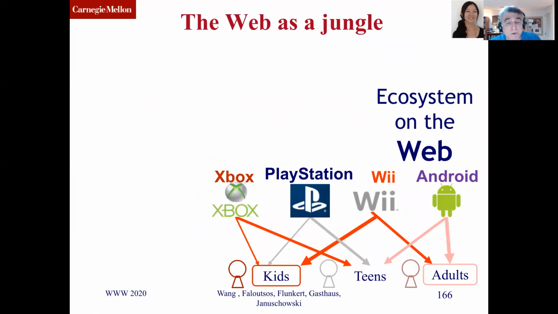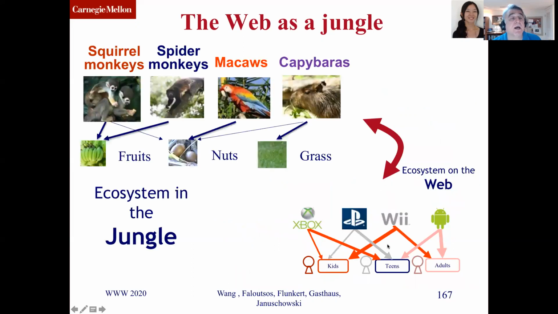So the situation that this paper conjectures is that all these consoles need resources. The resources are the available income, the disposable income from children, teens, and adults, right? And mathematically, it's exactly the same situation as species in an ecosystem fighting for resources.